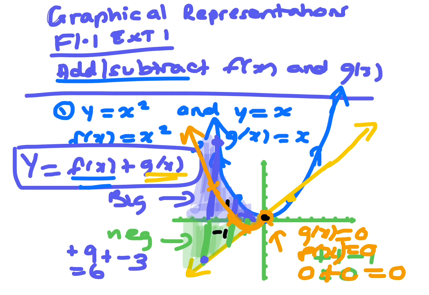When you get to the other side, you can see what happens is the blue graph, which I'm doing in purple, looks like that. So it's all positive, and then the line, which I'm going to do in green, you can see the line is positive again.